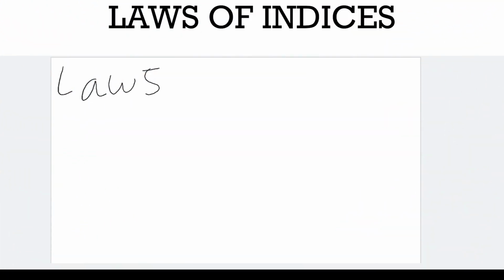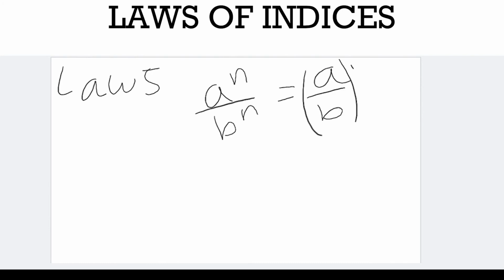Law number 5 is very similar to law number 4. It states that if different bases are divided with the same power, it could also be written as a divided by b, whole to power n. Suppose a power n is divided by b power n, it could also be written as (a upon b) whole to power n.